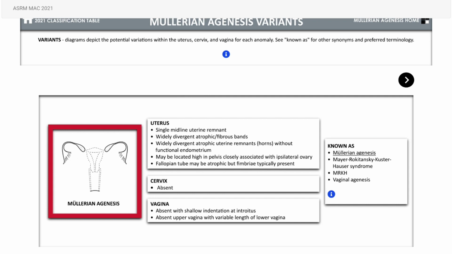For example, we call it Mullerian agenesis, the MRKH syndrome, or the Mayer-Rokitansky-Kuster-Hauser syndrome, or vaginal agenesis. However, among all these synonyms, one of the synonyms is underlined, basically to signify that that is the preferred name which should be used to describe that anomaly.